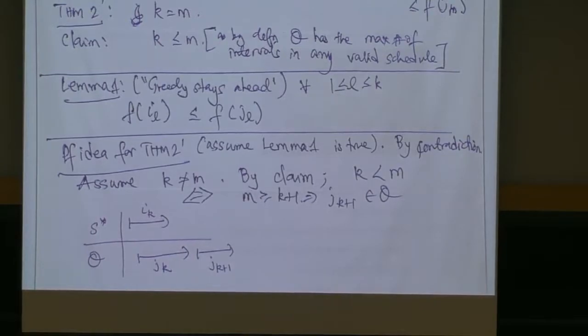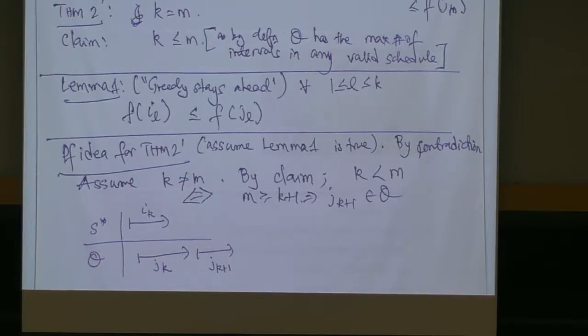So here's the situation. There could be even more guys in the optimal solution, but we don't care about that for now. We know that S star finishes at ik, which by the greedy stays ahead lemma will finish before the kth guy in the optimal solution. And there's going to be another guy in the optimal solution, the k plus 1th guy, that is going to be disjoint from the kth guy in the optimal solution.